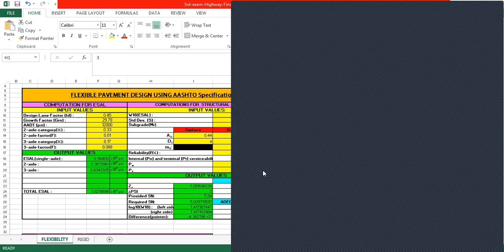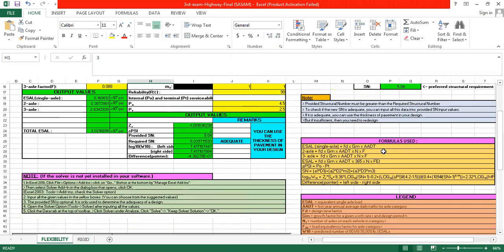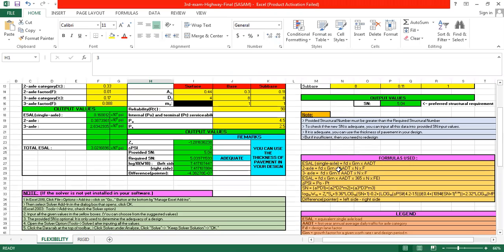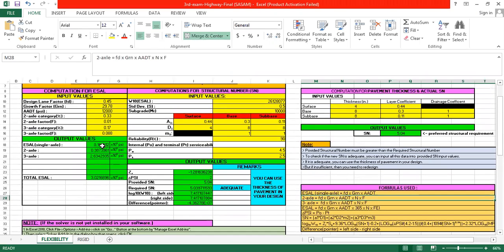So to calculate these values, we need to use the formula here. For the two axle, we need to multiply FD times GRN times AADT times N times F, and then we're going to formulate this one rather.